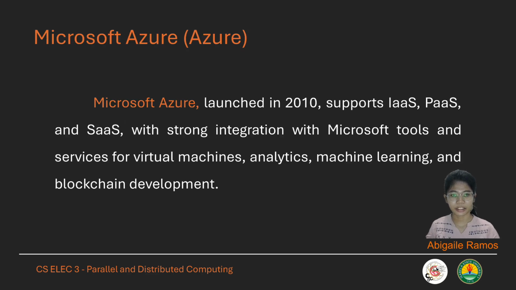Lastly, Microsoft Azure. Just like Amazon Web Services, it also offers all three major cloud models. Its key features include strong integration with Microsoft enterprise tools and a broad range of services like databases and analytics. Its use cases include developing machine learning models and blockchain applications.